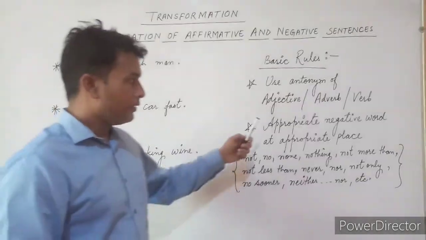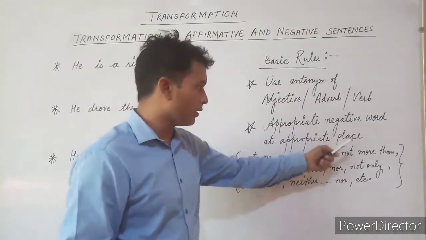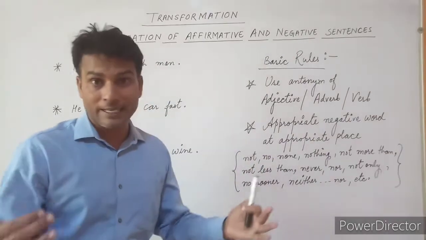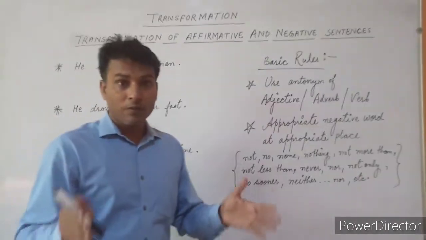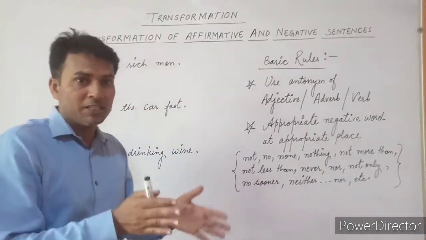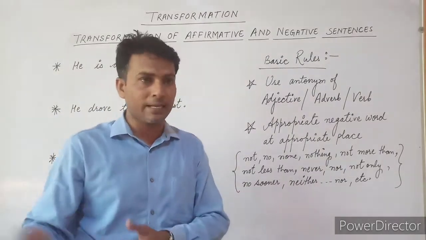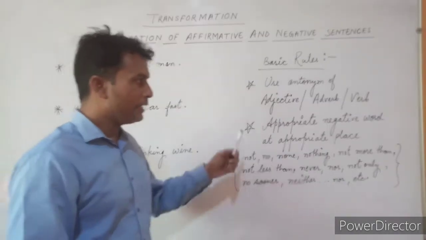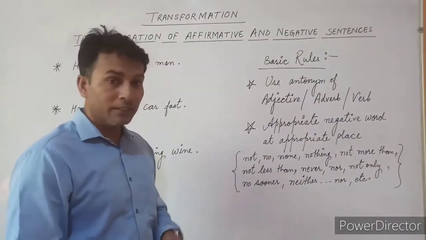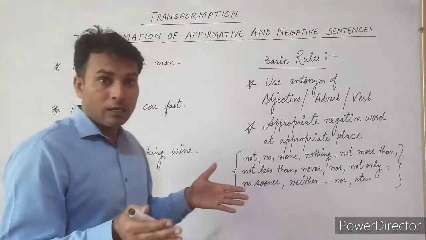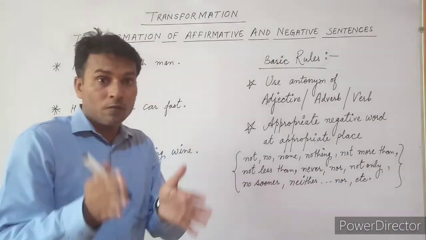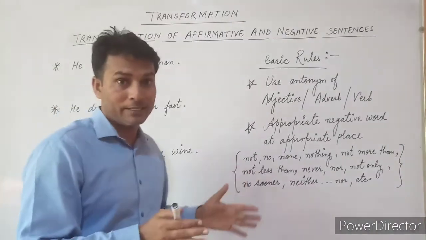Second rule, use an appropriate negative word at an appropriate place. When we transform an affirmative sentence into a negative sentence, we always use a negative word, and these negative words are always used at appropriate places.